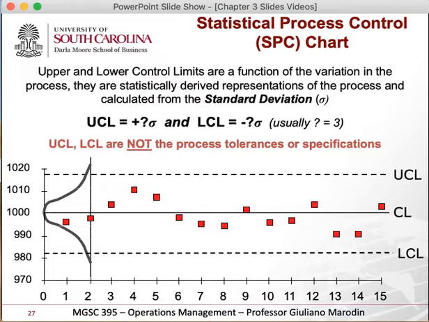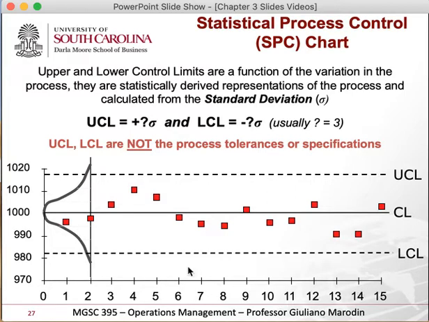So imagine that every dot here is the mean or the range of a sample that I collected. In this case, I'm measuring something, could be how many milliliters I have in a bottle. And then I'm collecting data of 15 different observations.